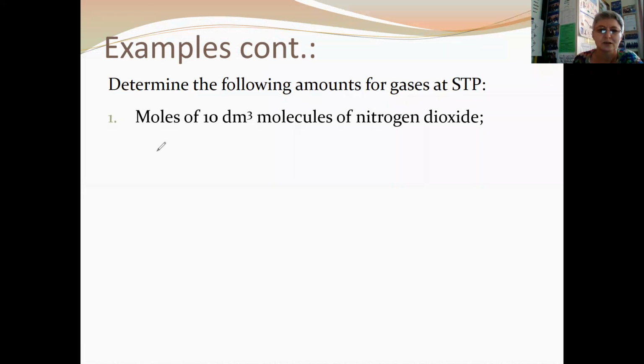So to do this, moles from volume is V divided by Vm at standard temperature and pressure. So it's 10 divided by 22.4, which is 0.446 moles of nitrogen dioxide.